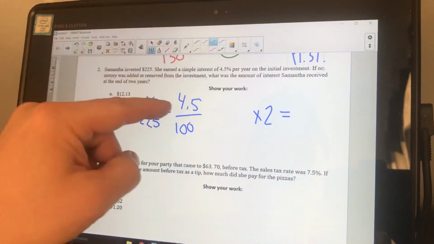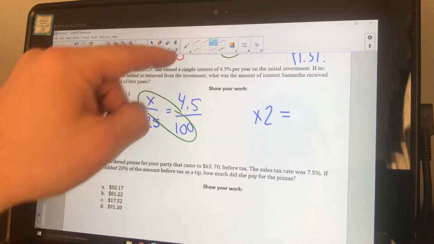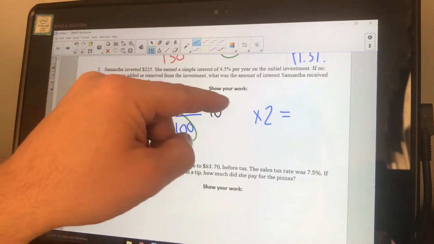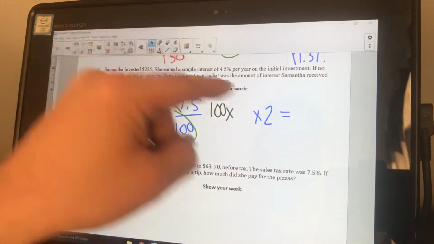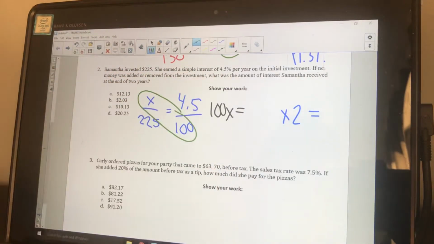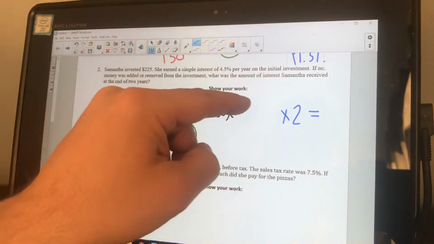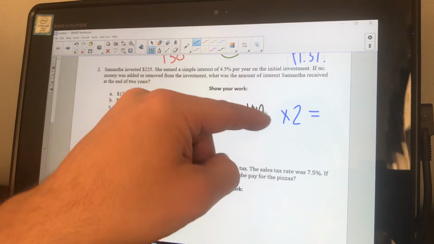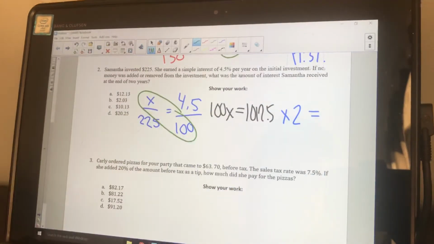Okay, so again, I'm cross multiplying. 100x equals 225 times 4.5, 1,012.5. Divide that by 100.